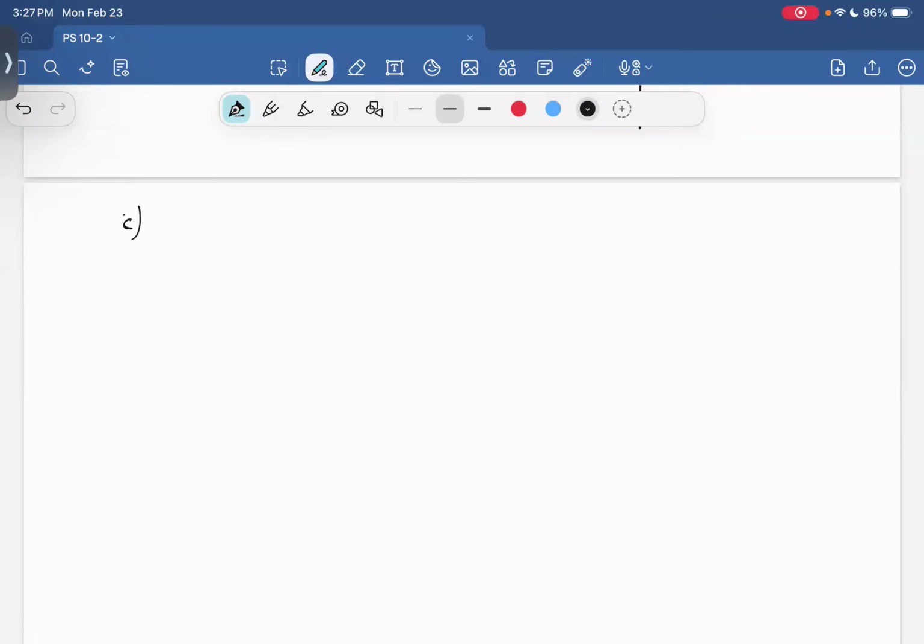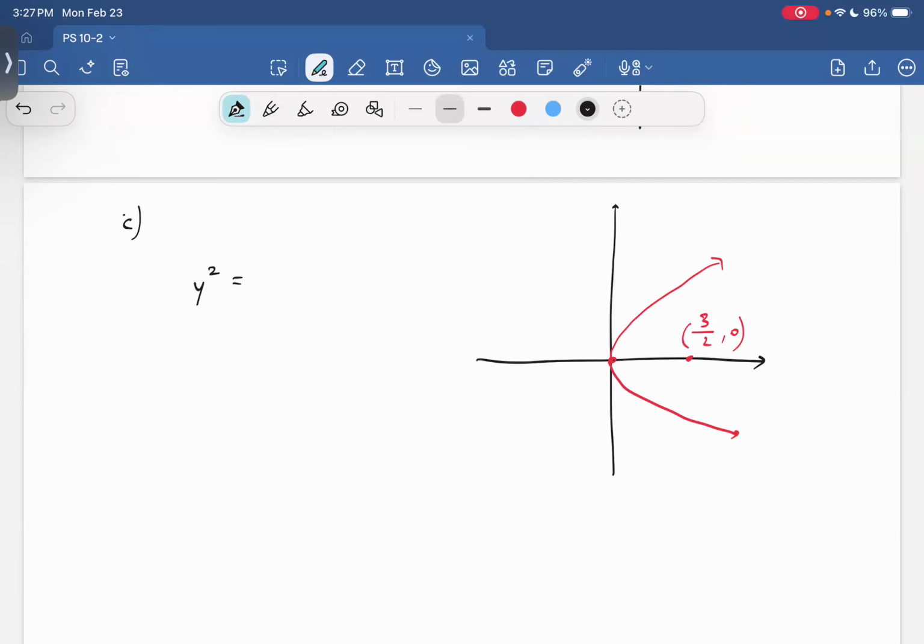Part C, the focus is at 3/2, 0. So p equals +3/2. So our formula is y² equals 4 times 3/2, which is 6x.